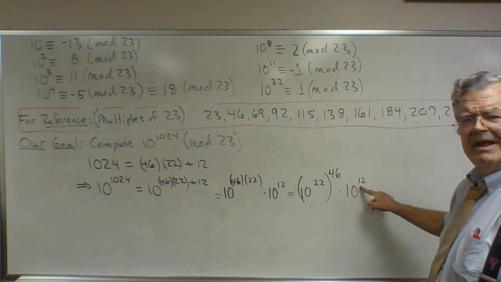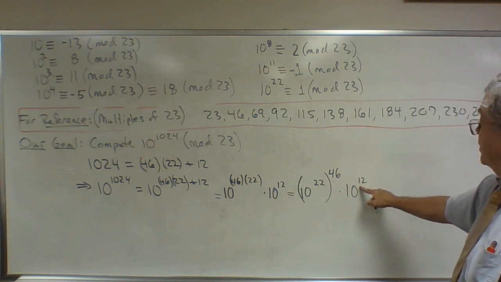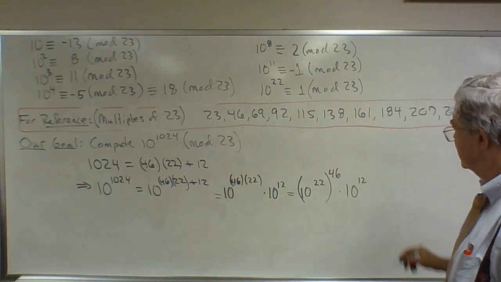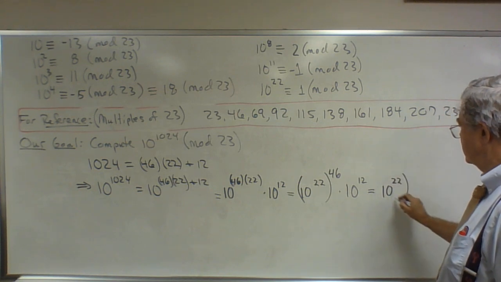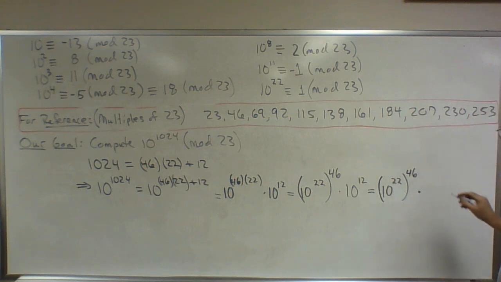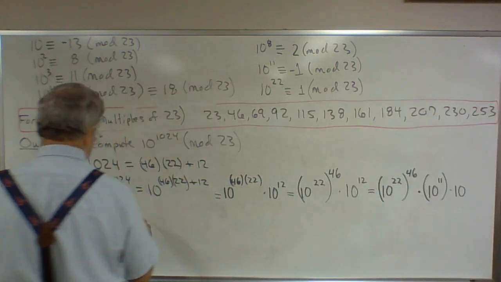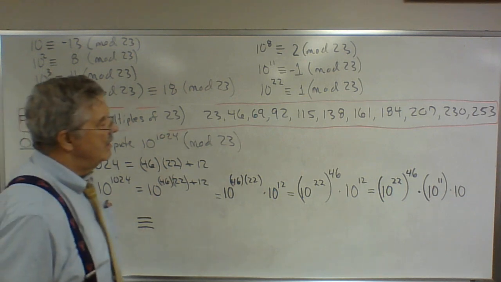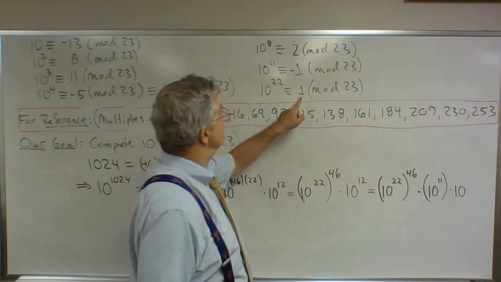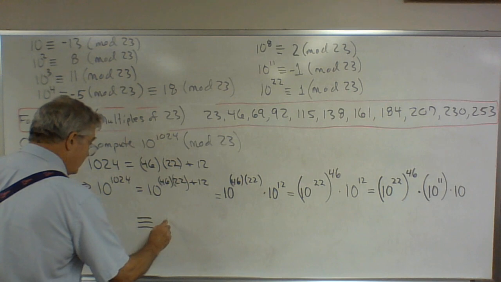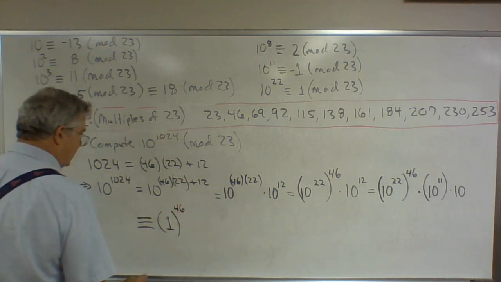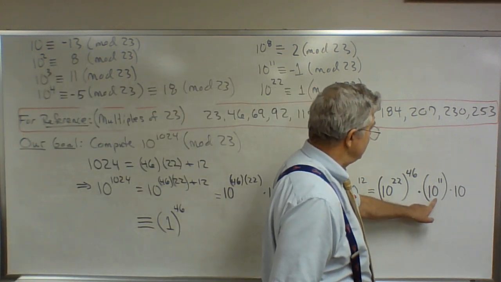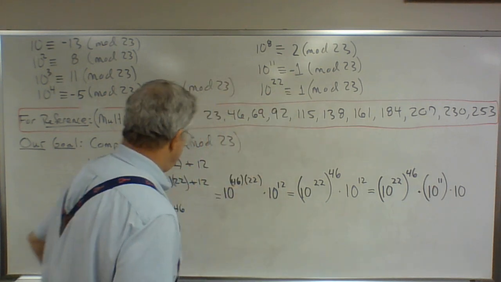We're not going to get this in terms of 10 to the 22nd, but we can get this in terms of 10 to the 11th. 10 to the 12th is 10 to the 11th times 10. 10 to the 22nd is congruent to 1 mod 23. 10 to the 11th is congruent to negative 1 mod 23.